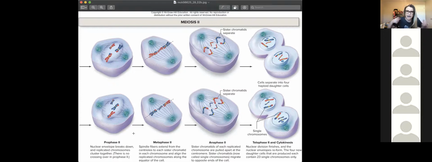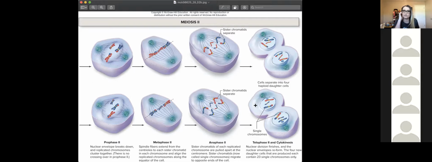This is kind of looking like what you would see in mitosis, except in mitosis, you have 46 of these chromosomes in a single plane getting split apart. In meiosis 2, you only have 23 because we split them in meiosis 1, right? So in anaphase 2, you separate the sister chromatids to opposite sides of the cell. And then at the end, you will have telophase 2 and cytokinesis.